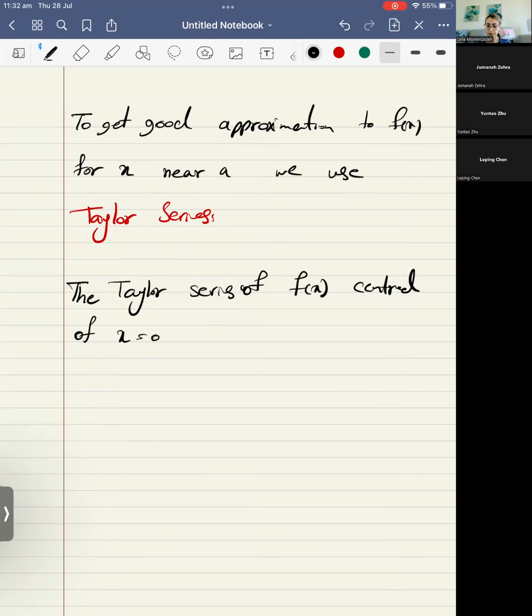Now, I better write a here. Now f of x is equal to c0 plus c1(x minus a) plus c2(x minus a)^2 and so on.